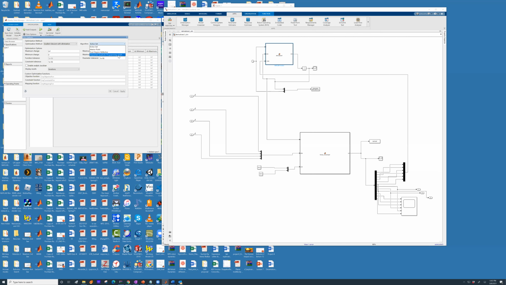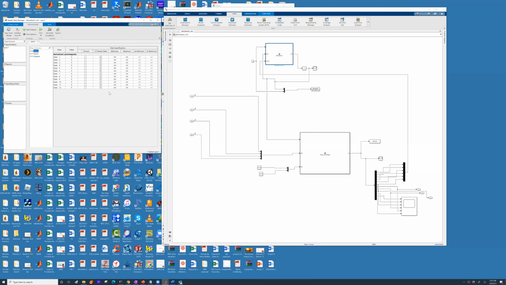My first way, I go with sequential quadratic programming, which is called SQP. So gradient descent with elimination, and I use SQP. But again, you don't have to use SQP. You can start with active set. If active set fails, then you can try interior point, trust region, and then finally SQP. It's totally fine. It's nonlinear optimization, so some trial and error is expected.